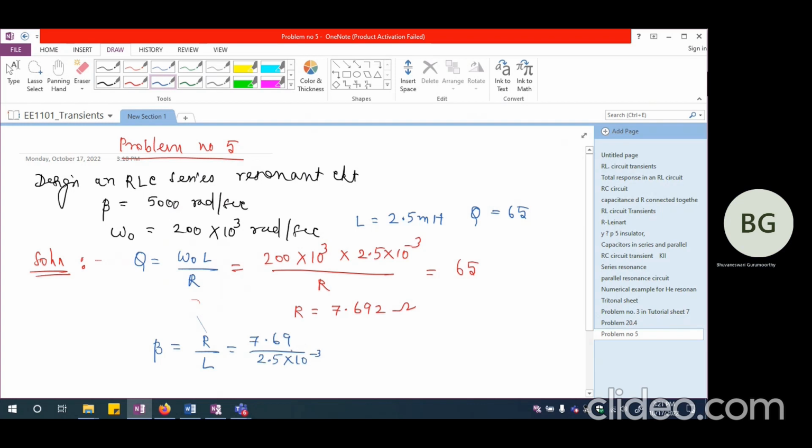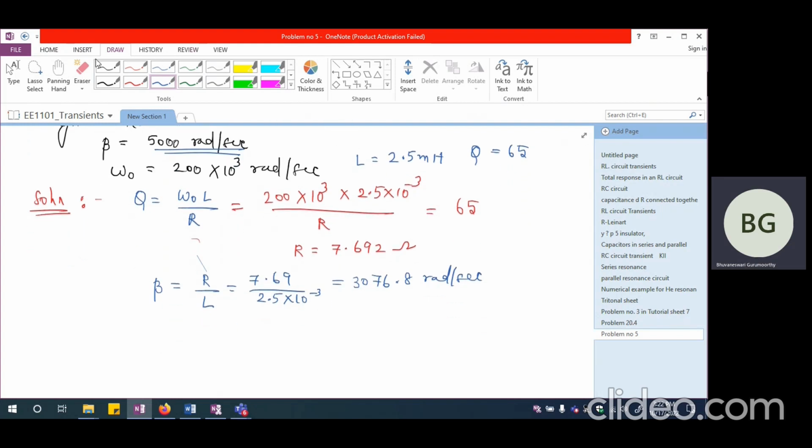So this comes out to be 3076.8 radians per second. It is not exactly 5000 radians per second. We are not getting a bandwidth of 5000 radians per second. We are getting a little less than that.